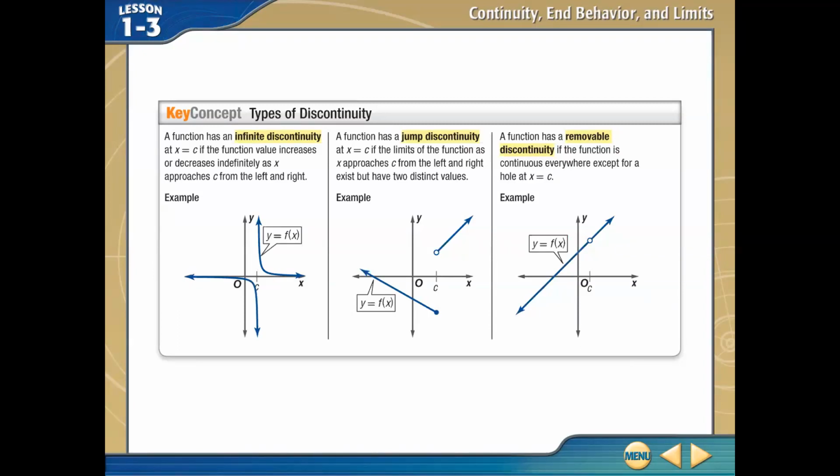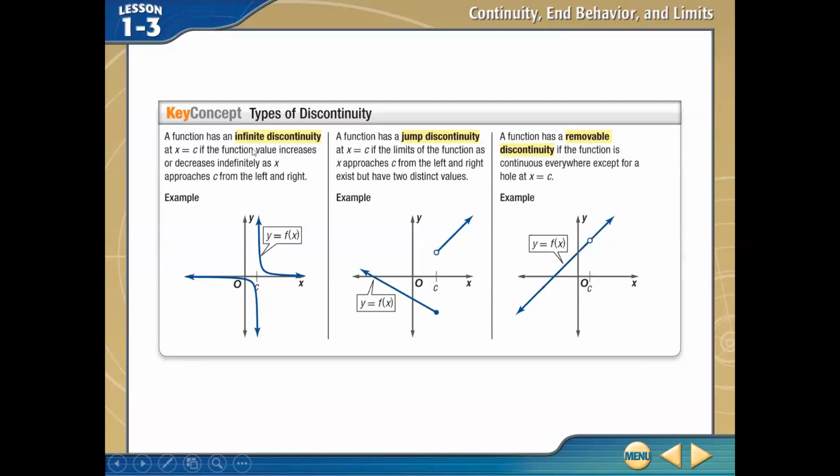Okay, understand that these can be flipped. Okay, this could be up here. We could flip it across the y-axis, and have our graph approach positive infinity from the left and continue to go up, and then approach negative infinity from the right.